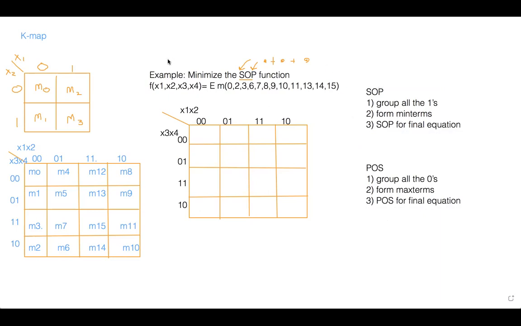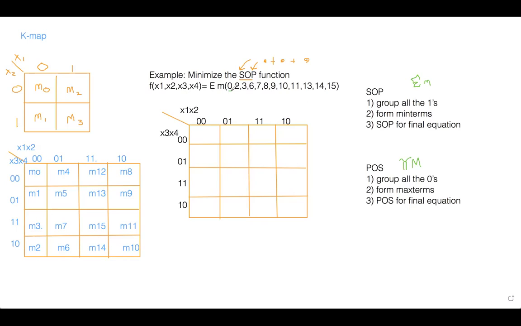So you guys know the symbol for both here, like I told you before, it's this sigma and it's lowercase m, where here it's pi and it's uppercase M. Okay, now that we went over that, let's fill it in. So when you have sum of products, you fill it in with ones because you group all the 1 terms together.